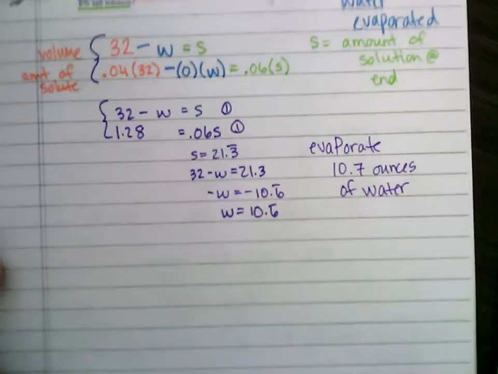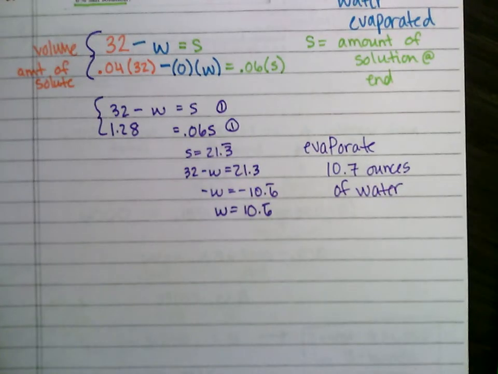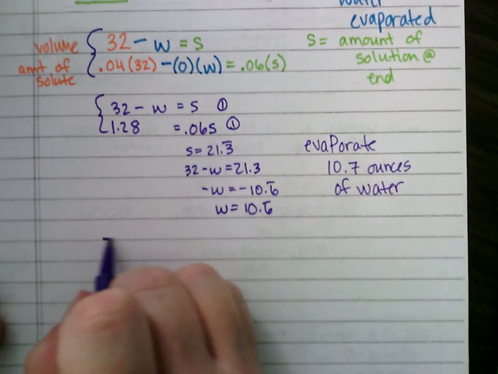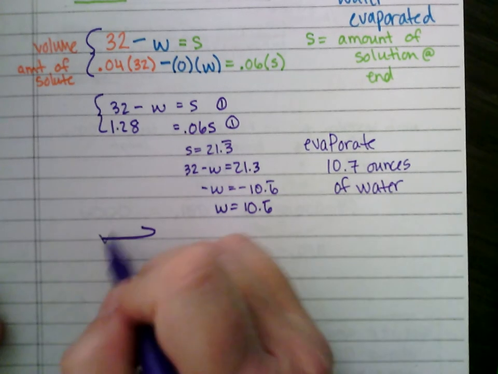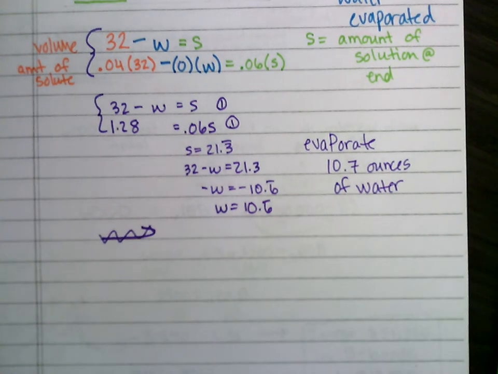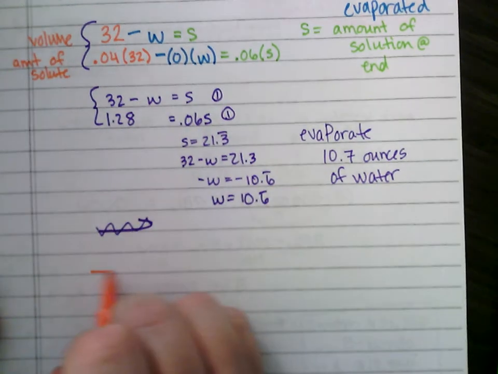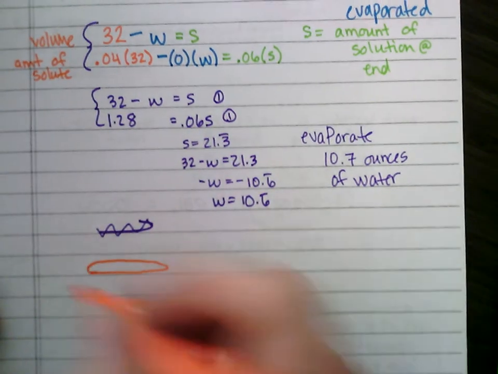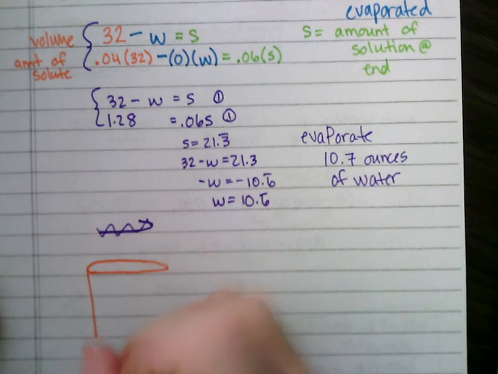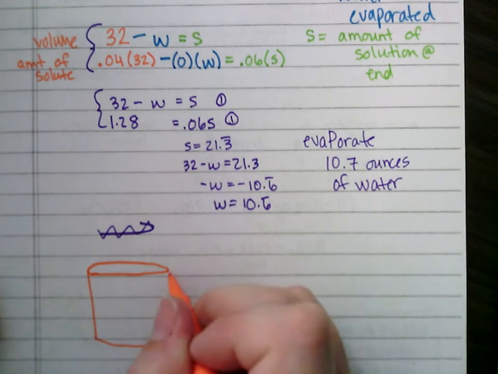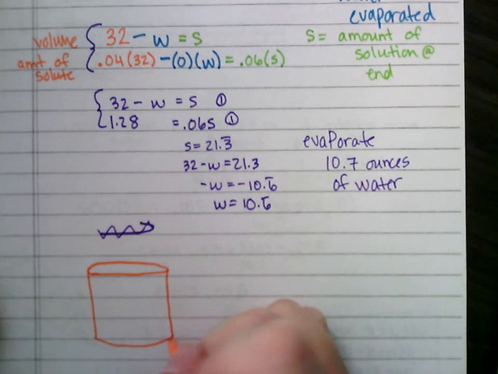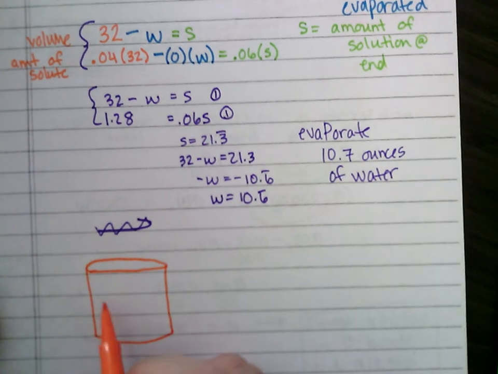Now, another way to look at this problem is sometimes I just draw different containers. I guess I should use the same colors I used. So if I start with my 32 ounces of 4% solution, I would draw my little beaker here. And I have 32 ounces here.